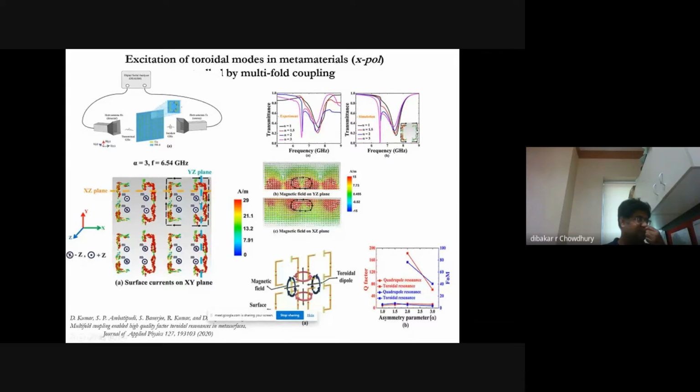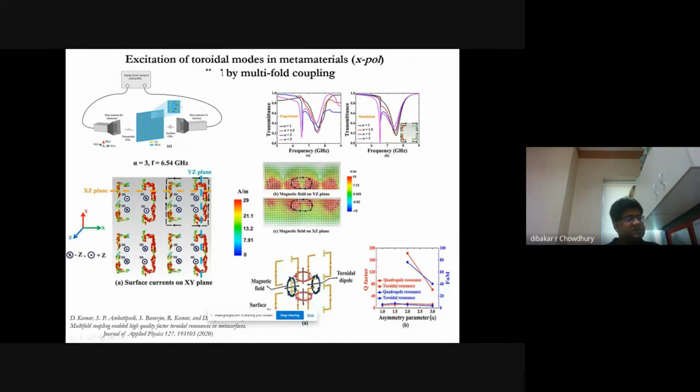Here you see that the current is anti-clockwise, in this case clockwise, anti-clockwise, clockwise, anti-clockwise, so the field is going in, going out, going in, going out. These were forming a closed loop, with constructive interference happening between the magnetic field lines, and also across the unit cell, and that gives rise to a strong confinement of energy.